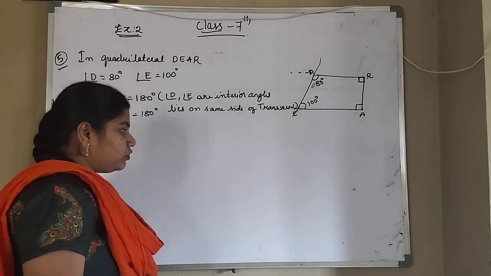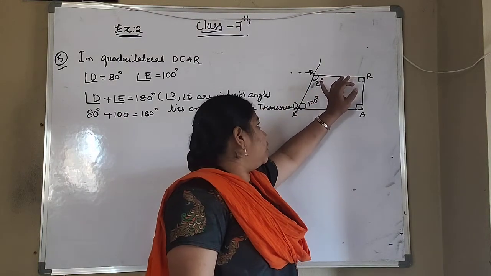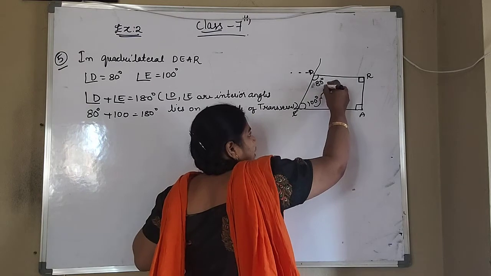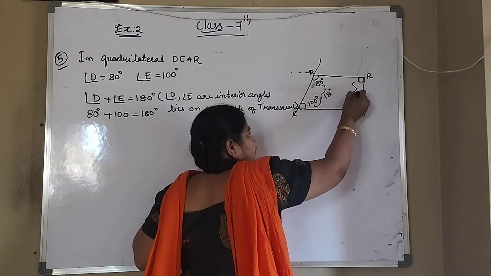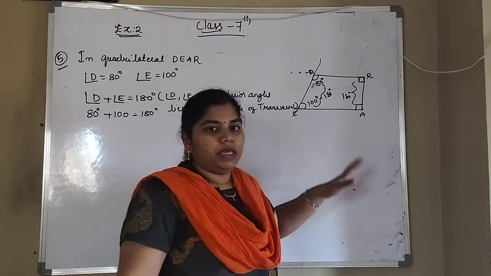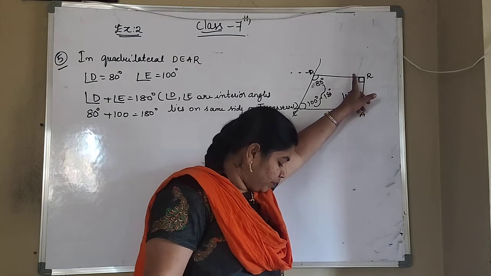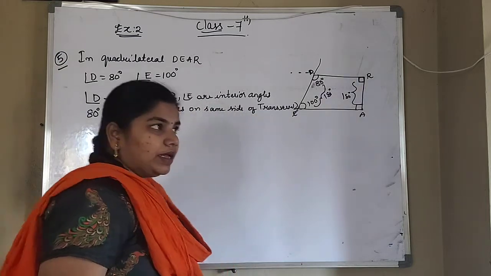Now what do we have to show? We have to show that these two also add up to 180. Already these two add up to 180, so the remaining two should also add up to 180. So 180 plus 180 equals 360 degrees. They have given perpendicular symbols here, and a perpendicular symbol is nothing but 90 degrees.